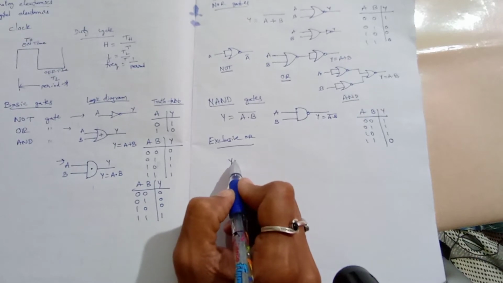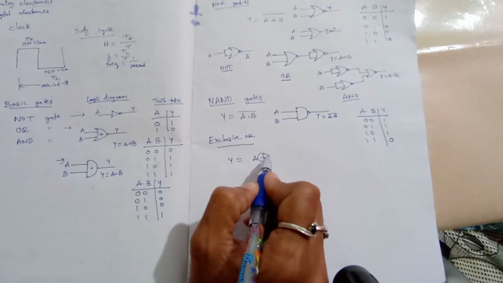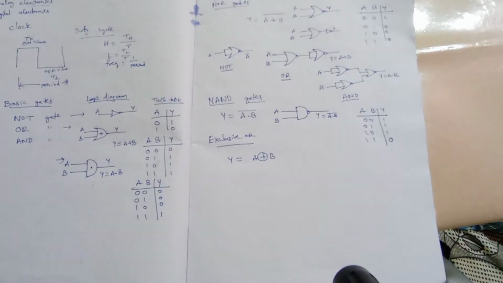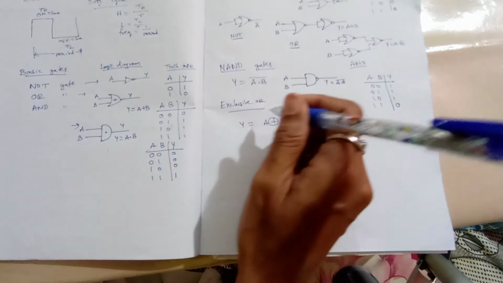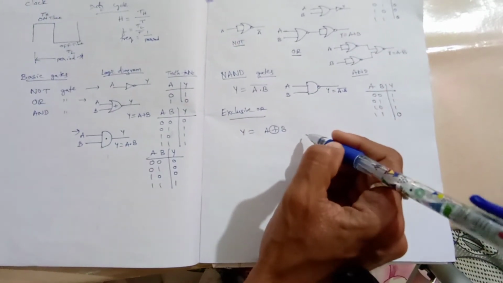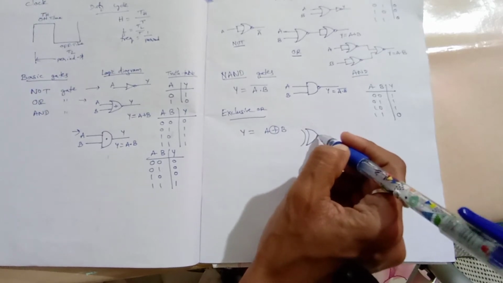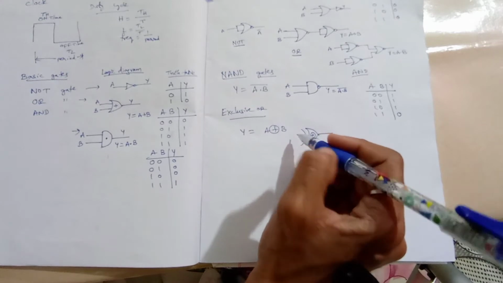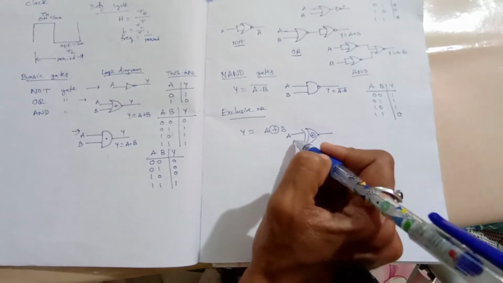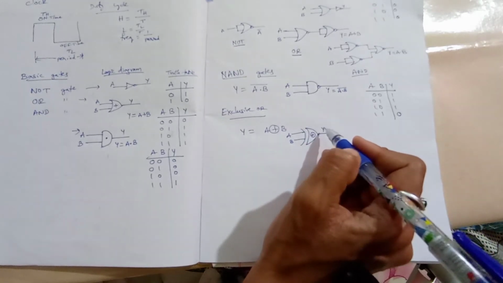This is Y is equal to A exclusive OR B. The logic diagram, this is the symbol. A and B are the inputs and we'll get Y here.